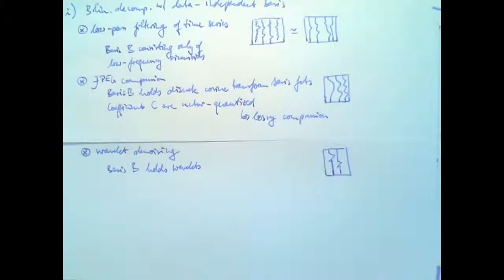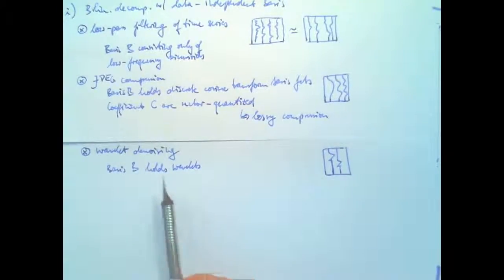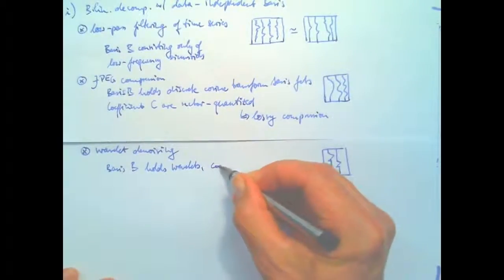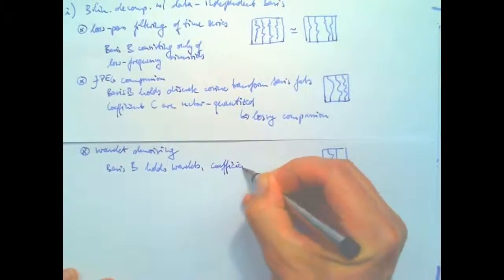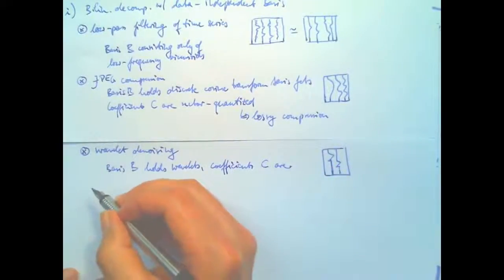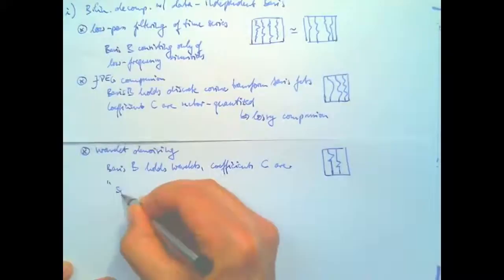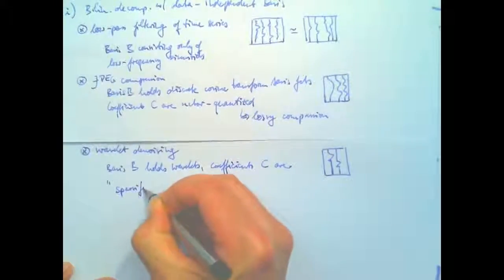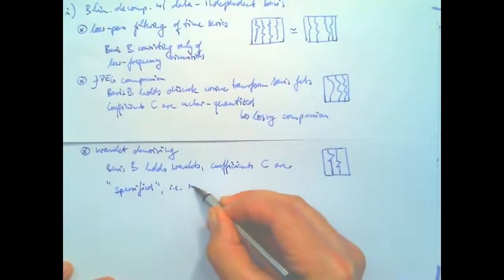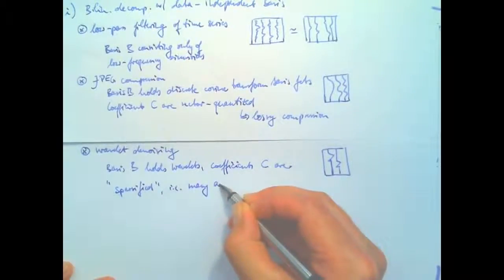Now the basis B holds wavelets, but for denoising, again, the coefficients are manipulated. So the coefficients C are, I'm not sure this is an English word, sparsified. That is, many of them are set to 0.